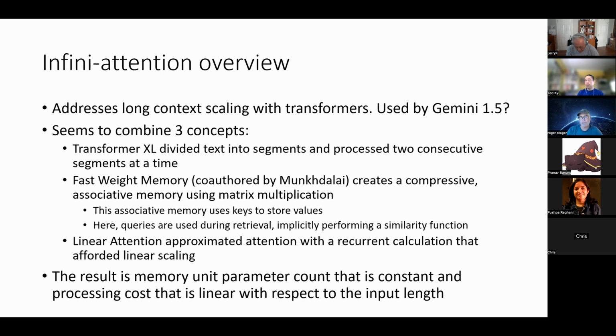Quick question, Ted. Yeah. So the fast weight memory then, is it kind of a first in, first out type of memory? No, it's associative. If you think about a Python dictionary, if you put something in with the key dog, and then you put something in with the key cat, then if you pull something out and you pass in cat, what you should get back is approximately the values that you stored with cat.